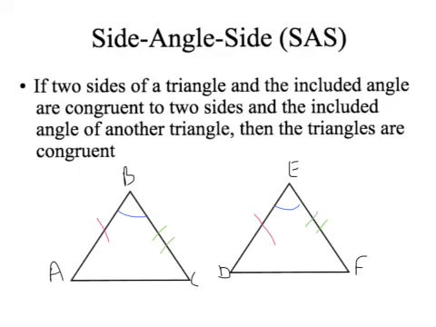To write a congruency statement, you have to match up the letters from one triangle to the other. So if I wanted to say that the triangles are congruent, I would say that triangle ABC is congruent to triangle... I have to see what A matches up with. A is down here, it's on the side that has one mark on it.